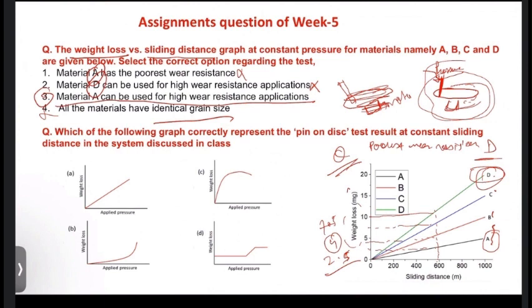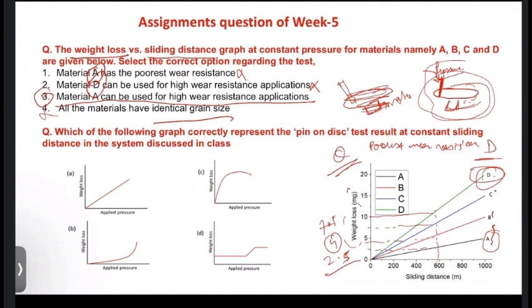Okay. Which of the following graphs correctly represents the pin on disc test result at constant sliding distance in the system discussed in class? You have 4 options. You have to tell which graph represents the correct representation of the pin on disk test. I have given you the schematic diagram. I have explained in the first question how the wear resistance changes with the weight loss of all the 4 materials.